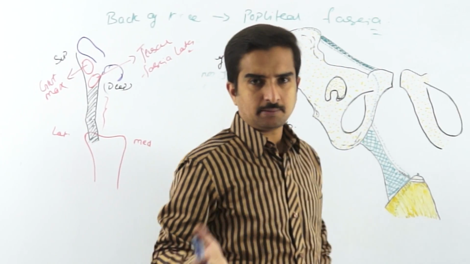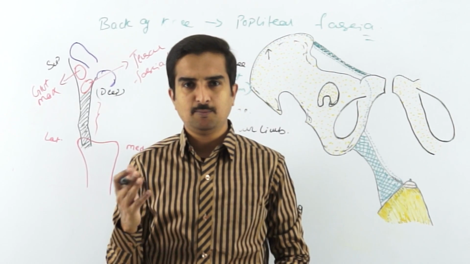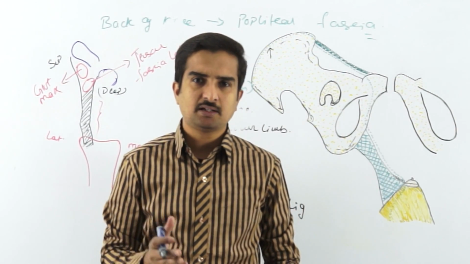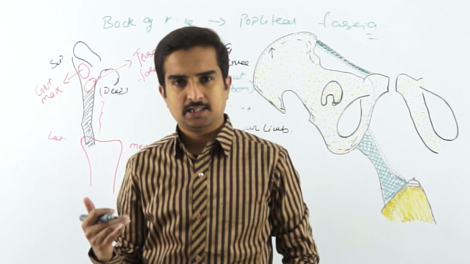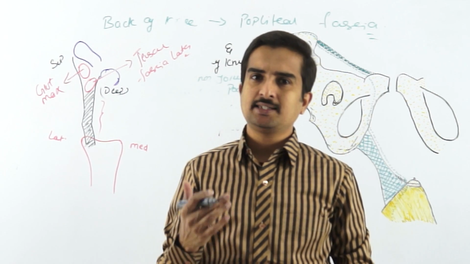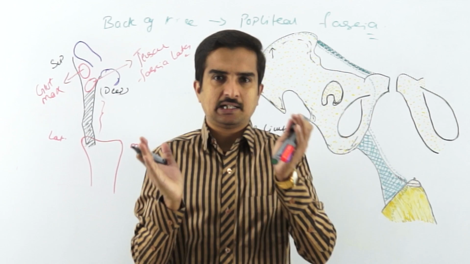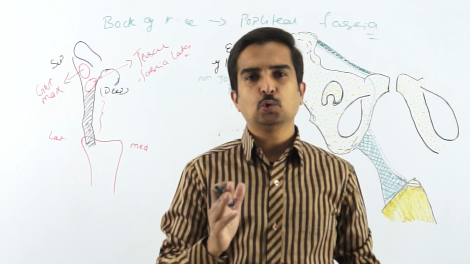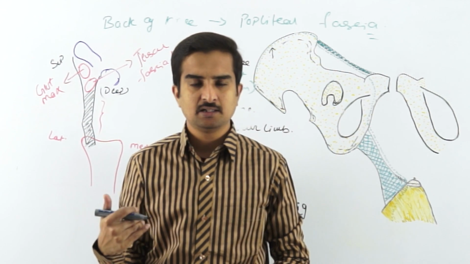So what is the iliotibial tract here? Remember that the iliotibial tract is a part of the deep fascia of the thigh, a part of the fascia lata. The lateral part of the fascia lata forms a thickened band-like structure called the iliotibial tract. In its upper part, it splits into two lamina: the superficial lamina and the deep lamina.